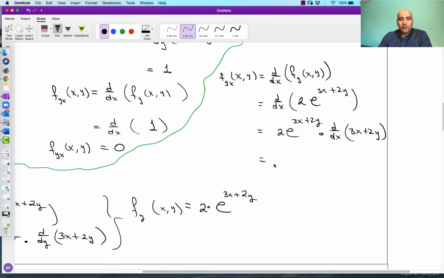So we'll have an extra term of 3. 3 times 2e to the 3x plus 2y, which is just going to be 6. So 6e to the 3x plus 2y will be our answer here. F sub yx of x comma y.